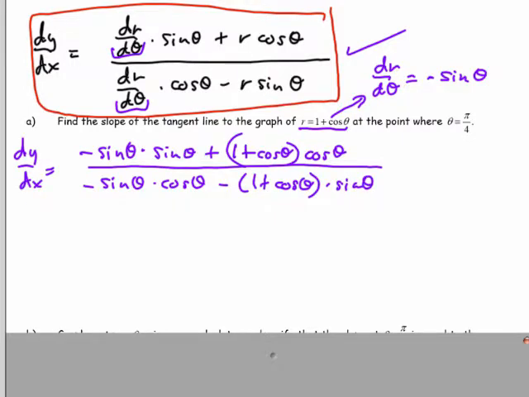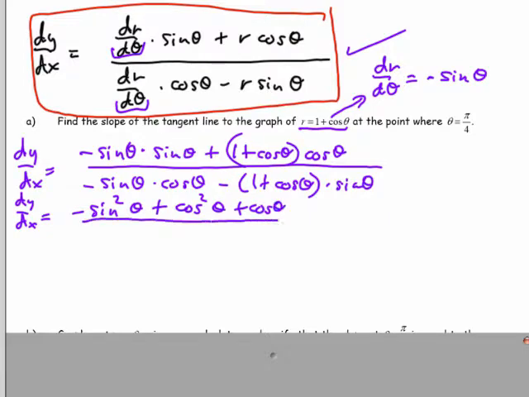so let's do a little simplifying. We're going to have negative sine squared plus cosine squared plus cosine theta divided by negative sine theta cosine theta minus sine theta cos theta minus sine theta.